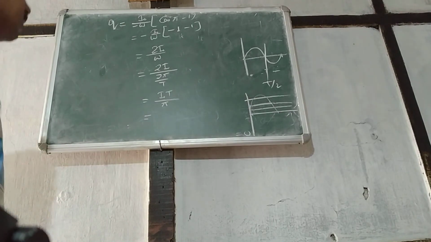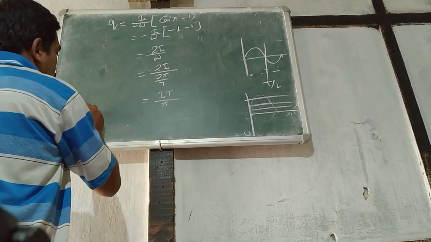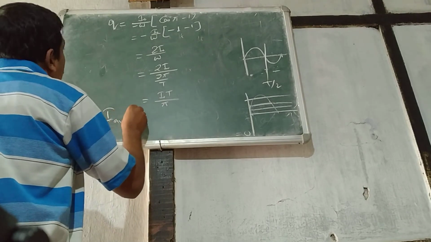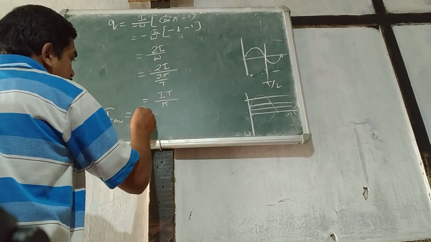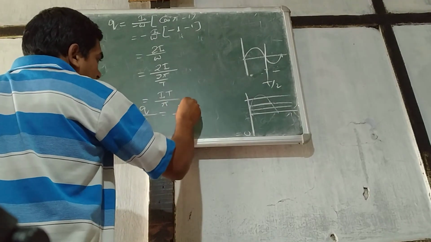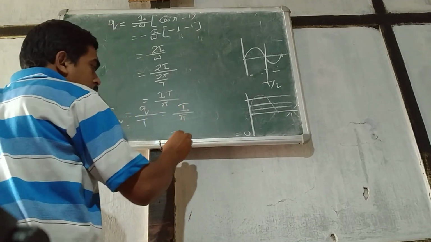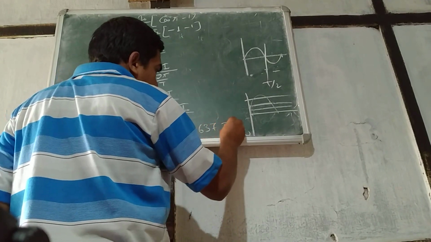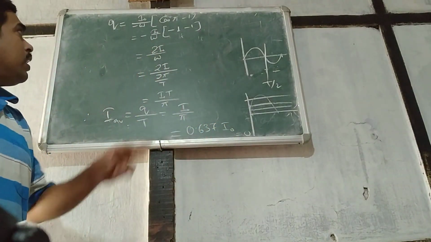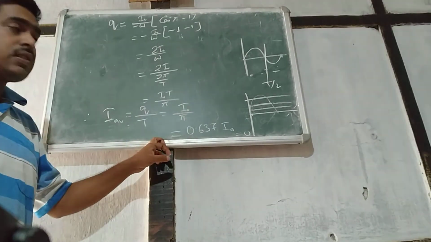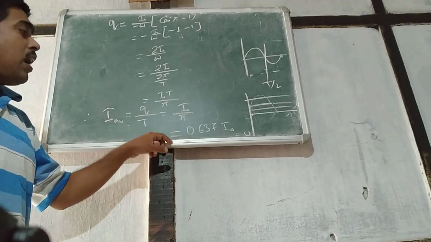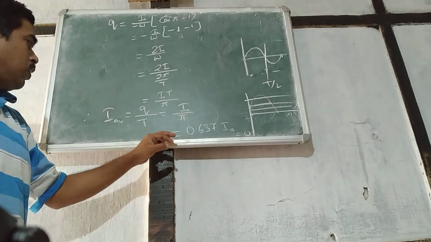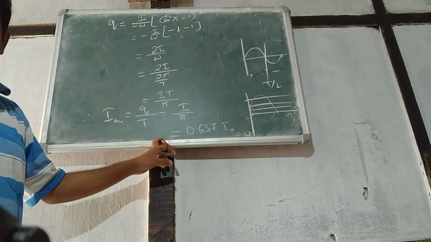Then the average value I average equals Q by T equals I naught by pi, equal to 0.637 of I naught. So the mean value of AC will be 0.637 times the peak value I naught. Okay, so we will get the mean value of AC.